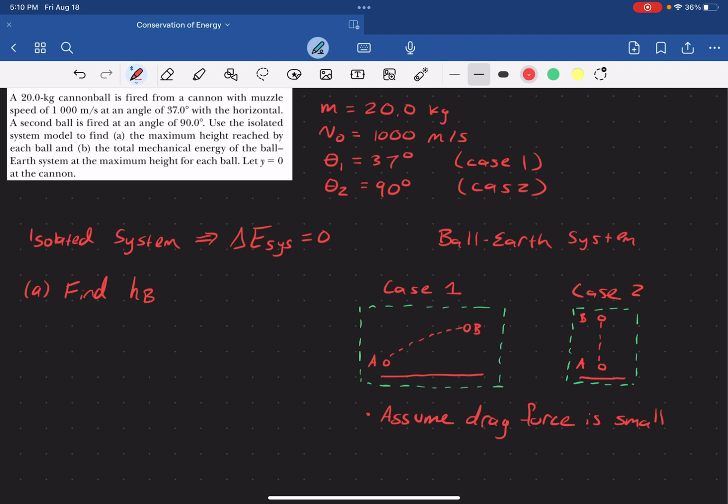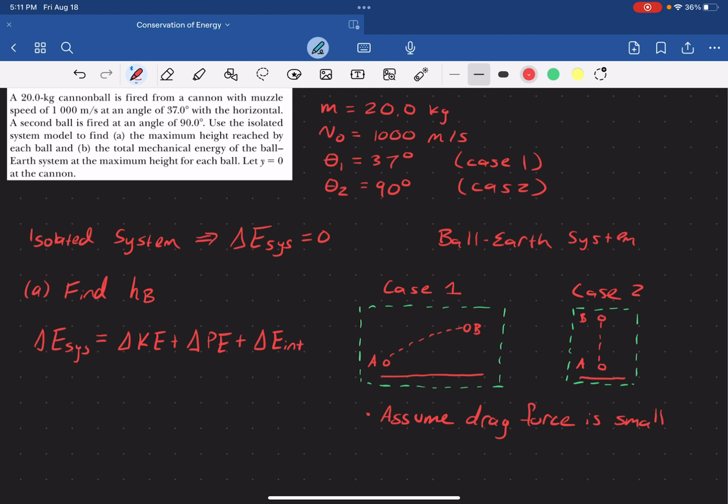So let's think about what the change in energy of the system is. Well, we know that the change in energy of a system is equivalent to summing the change of the kinetic energy, potential energy, and the internal energy.